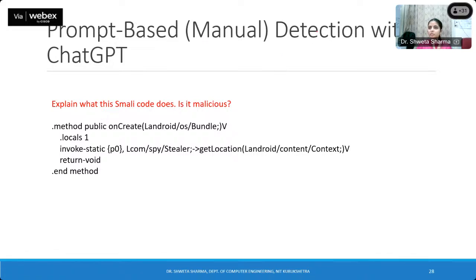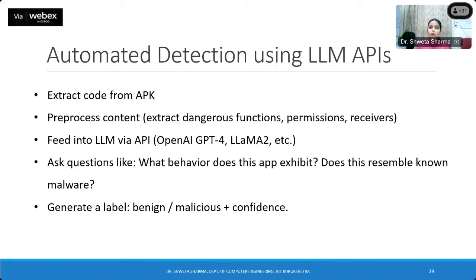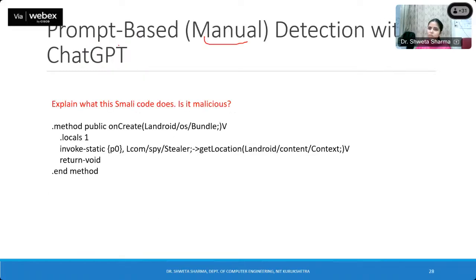So there are two types of malware detection using LLM you can do, either manual or automatic. Manual means just copy the code, give it to ChatGPT, ask, is it malicious or not?